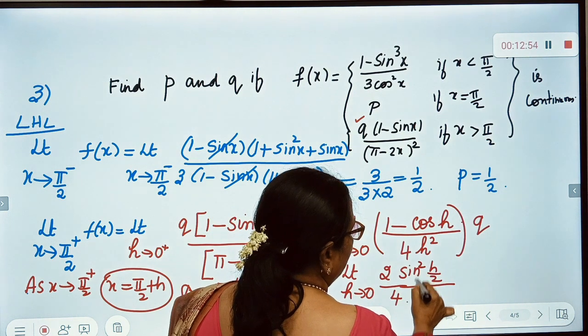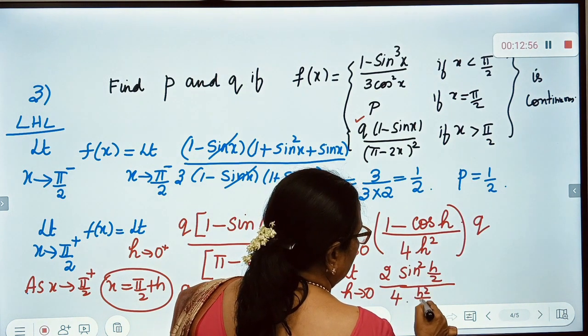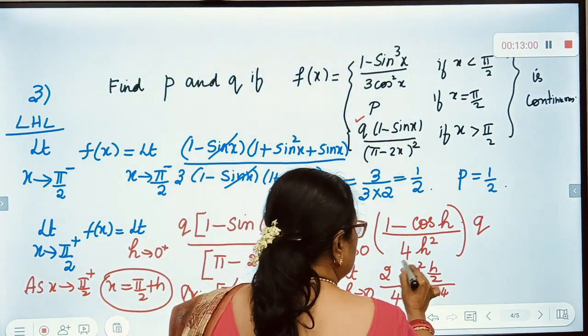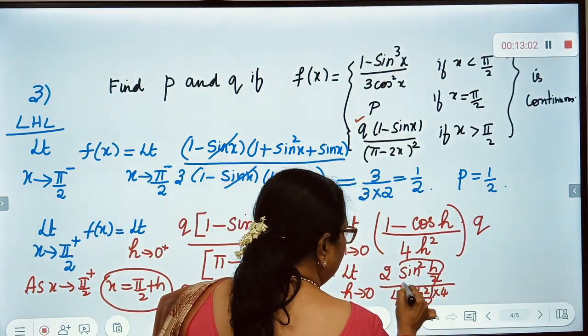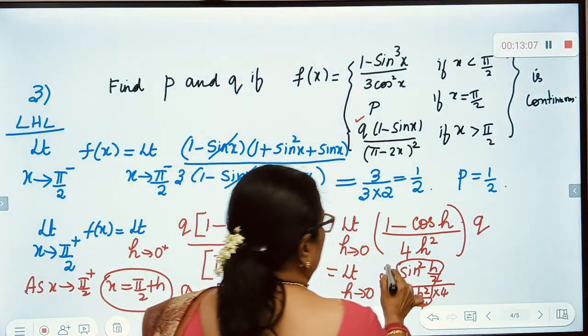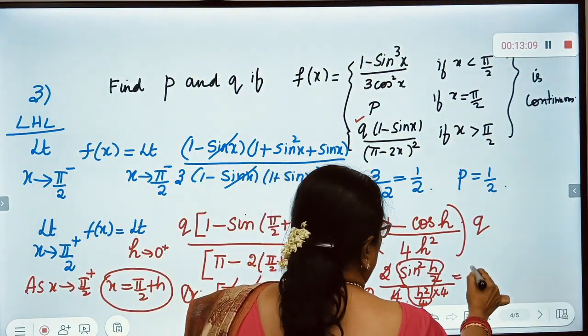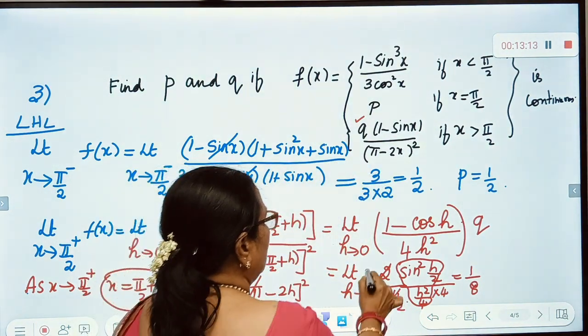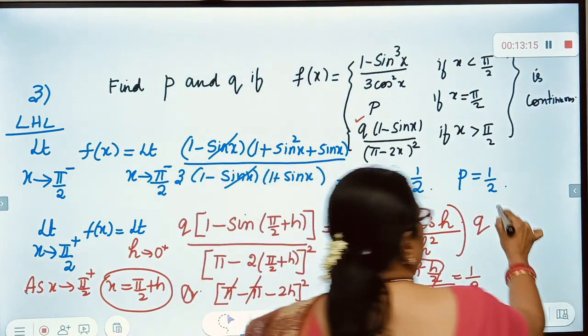Because I have sine square h by 2, I need h square by 4 into 4. Now sine square h by 2 by h square by 4 will become 1 as h tends to 0. So I get 1 by 8. Q into 1 by 8.